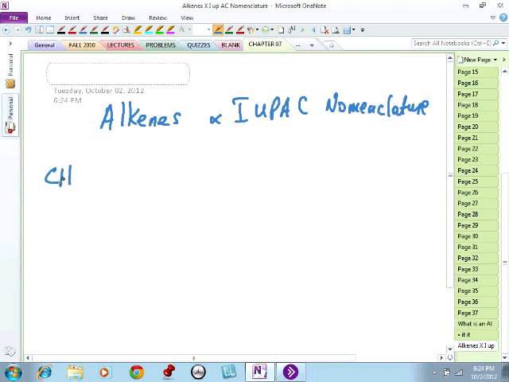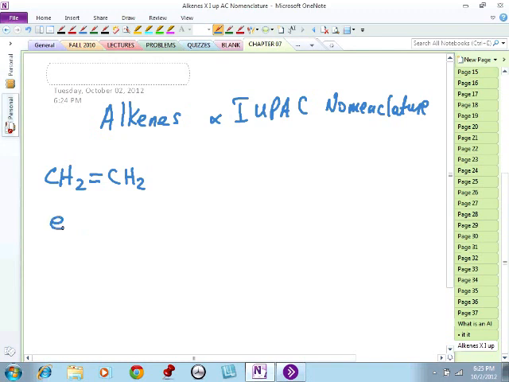I told you the simplest alkene is this here. The IUPAC names for all alkenes are derived from the name of the corresponding alkane.